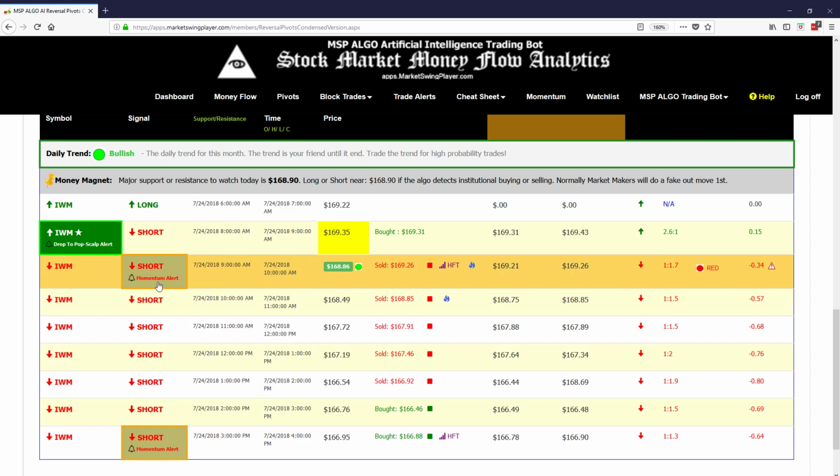Now we see that there's a momentum alert that came out as well, but we're not going to go over the momentum alerts thoroughly here. But that tells us we have some momentum just by looking at this page here. So we're just tracking the top 10% that have 90% of the money.